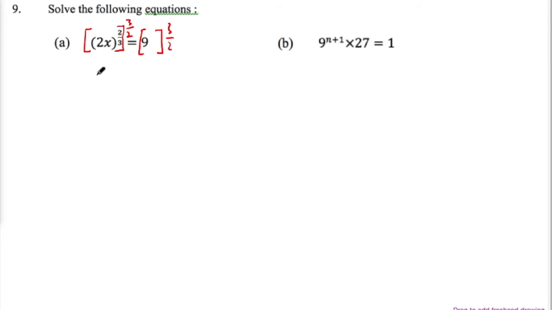Now the power has been reduced to 1, giving us 2x, and here we need to express 9 as 3 squared, so that when we multiply the power, 2 is cancelled out, leaving us 3 cubed, which is 27.